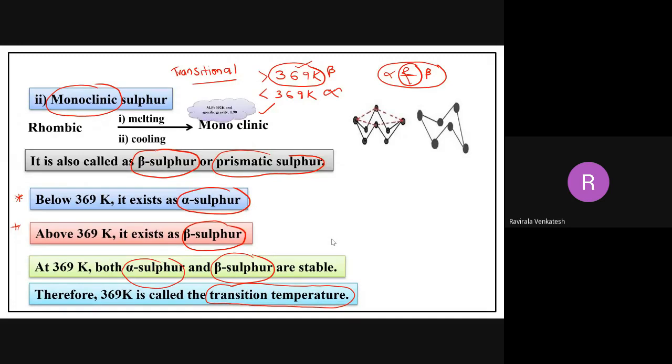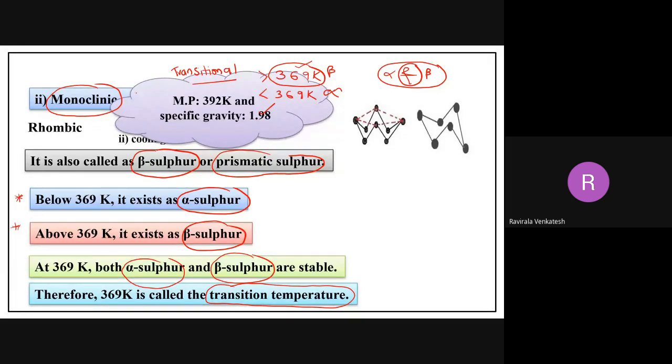Next, what is the melting point of the beta form? 392.